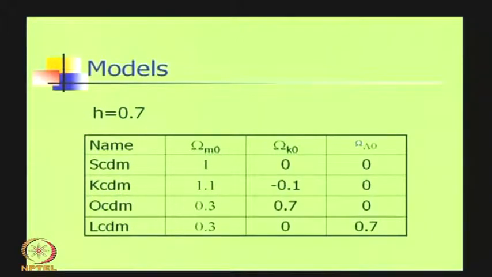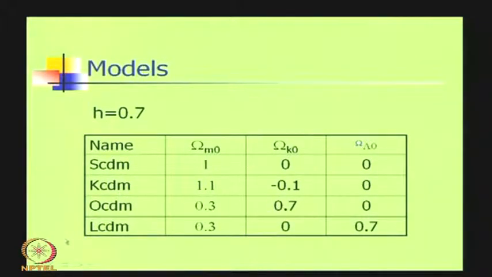The third model is OpenCDM. This is a cosmological model where omega matter, the pressureless matter contribution, is 0.3. There are observations which indicate that the total matter contribution at present is around 30% of the critical density. So, the rest of it we are assuming here is in curvature.